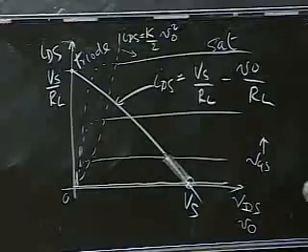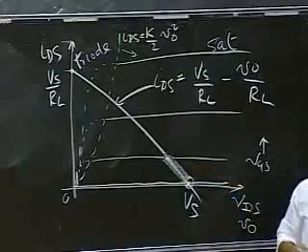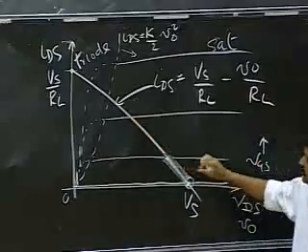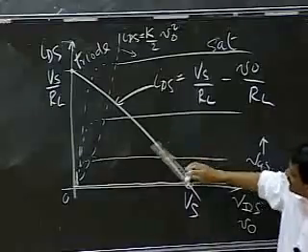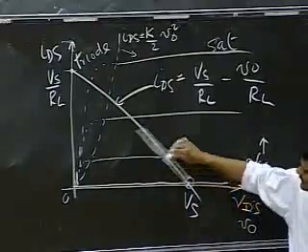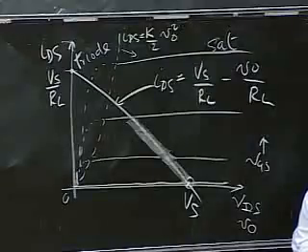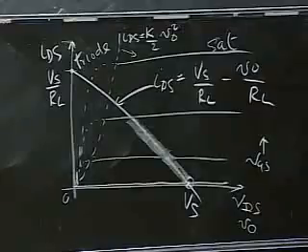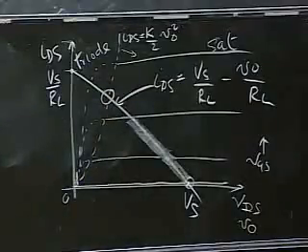It's the constraint imposed by KVL on the output. So the output is constrained to operate in this regime for various values of VGS. As the output keeps going from here all the way here, at some point I exit my saturation region. And that other point is given by this one.